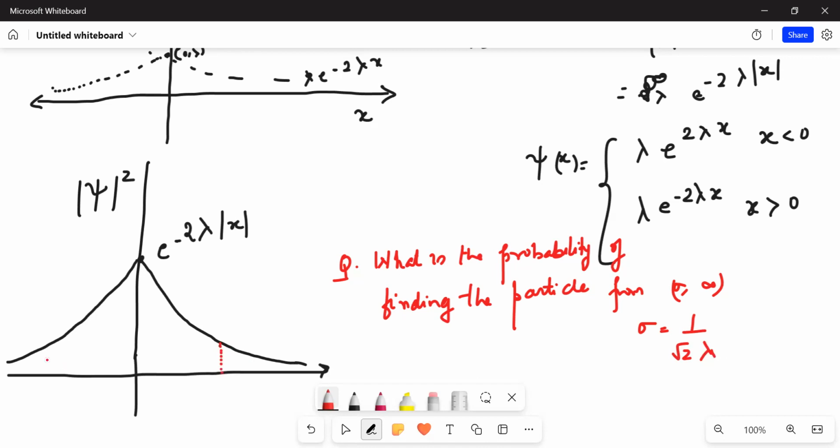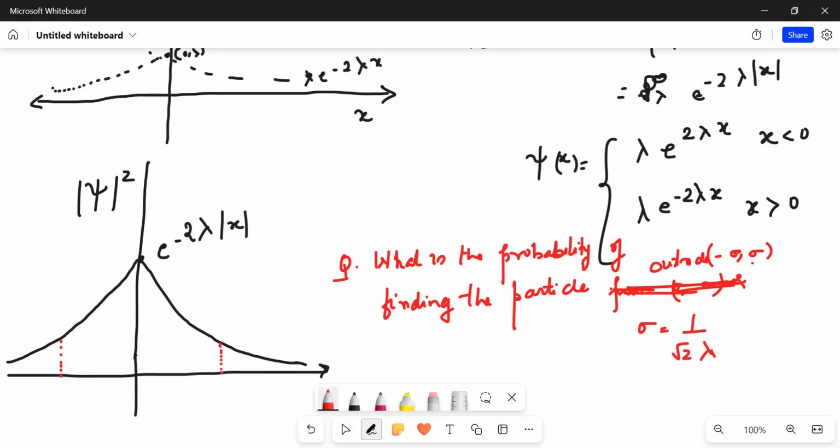So the probability of finding the particle from sigma to infinity, you can say, is the probability of finding the particle outside minus sigma to plus sigma. What was sigma representing?